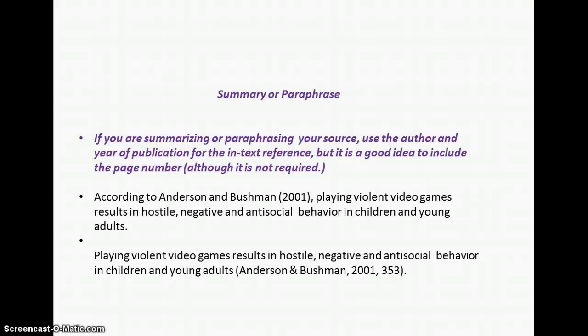The second version would be putting the citation after the information, just like I showed you here. Again, this is very similar to the short quotation, but it's just a summary or a paraphrase, and it is in your own words. So no quotation marks are necessary.